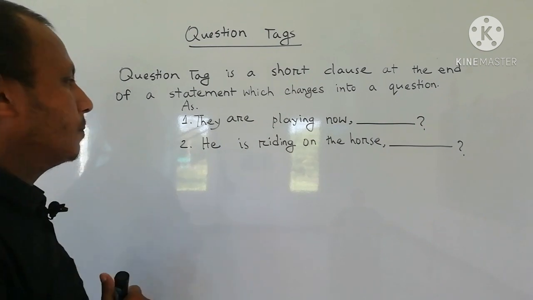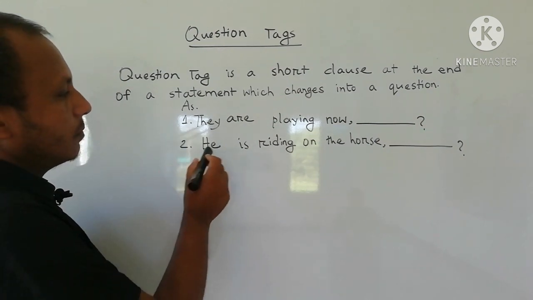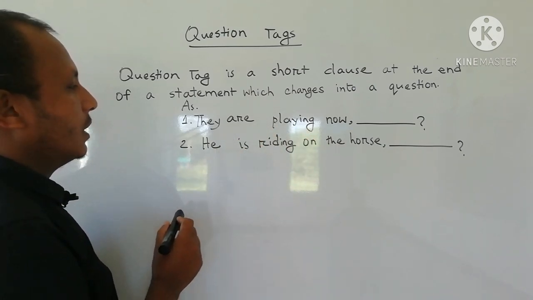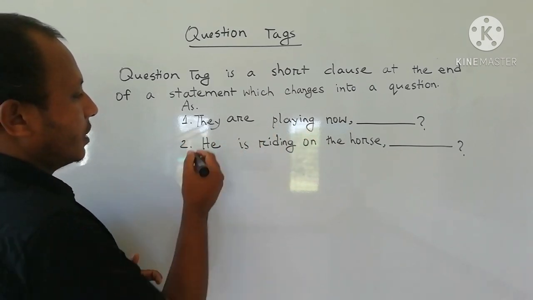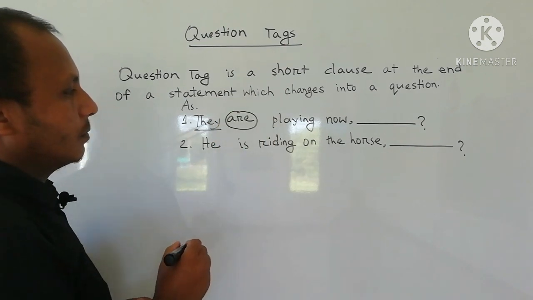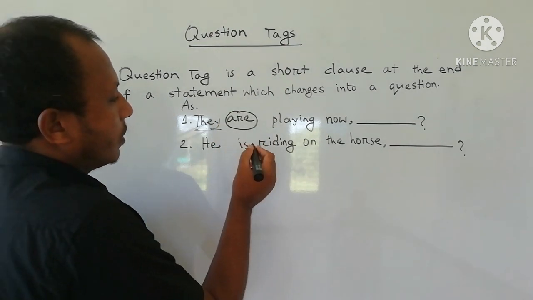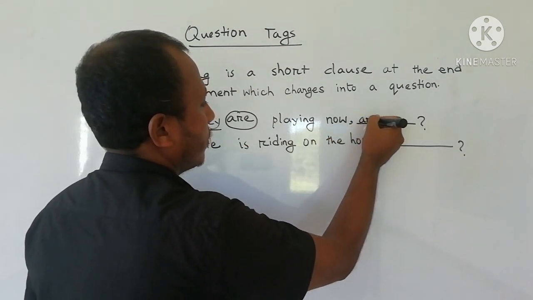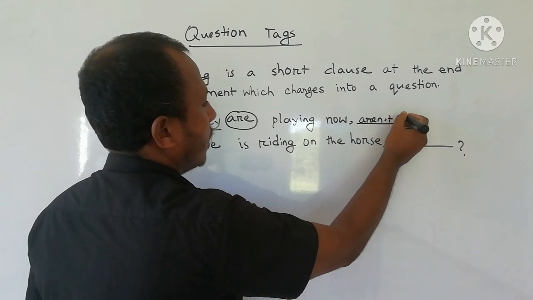For example, number 1, they are playing now. Here we can see that there is a subject, and are is an auxiliary verb. The question tag will be here, aren't they?